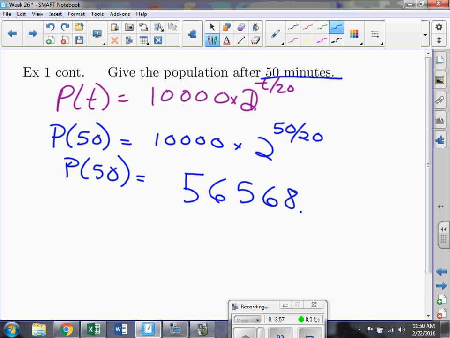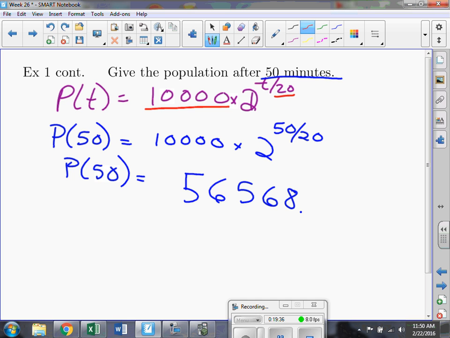Part of the thing we would want to consider with this, especially with science, how accurate are your measurements? For instance, did we start with exactly 10,000? Or was 10,000 already a rounded number? Was it actually 9,986? And it was rounded at the beginning at 10,000? Or was it a perfect 10,000? With the doubling time, is it actually 19.85 minutes, which was rounded to 20 minutes, or was it a perfect 20?